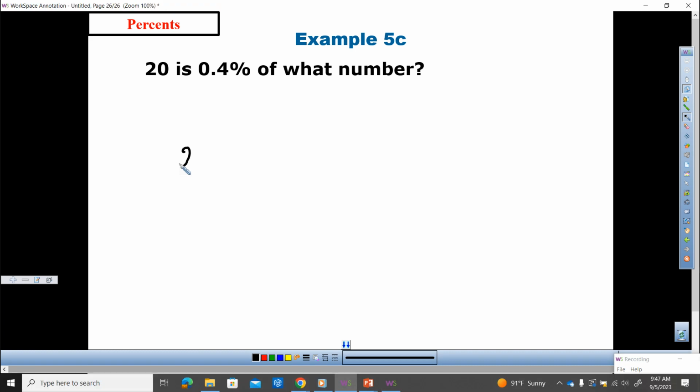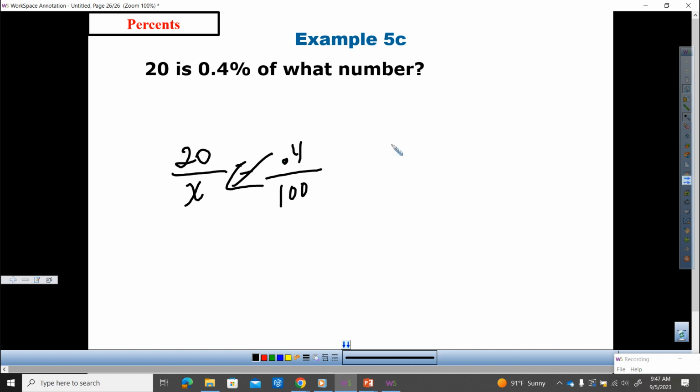20 over x. 20 over x equals 0.4 over 100. Have you got that? That is correct. Cross multiply. 0.4x equals 2,000. Yes? All right, so therefore divide by 0.4.